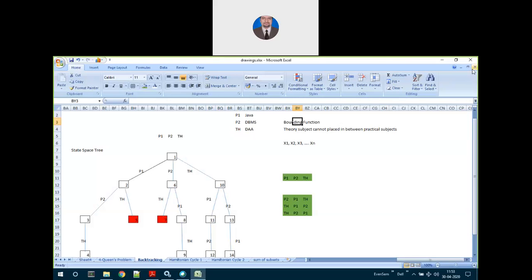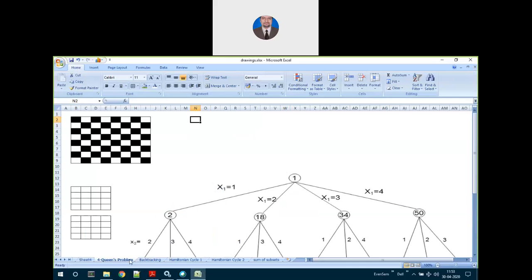That is, the n queens problem. The n queens problem is based upon the game of chess. In the chess game we know one particular functionality of one of the members of the chessboard, that is the queen.